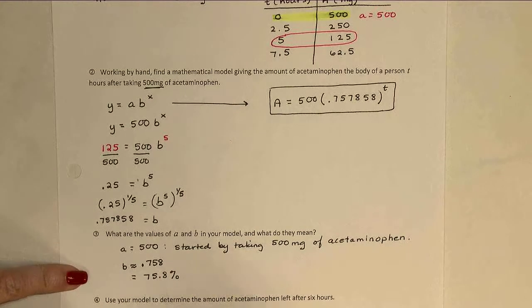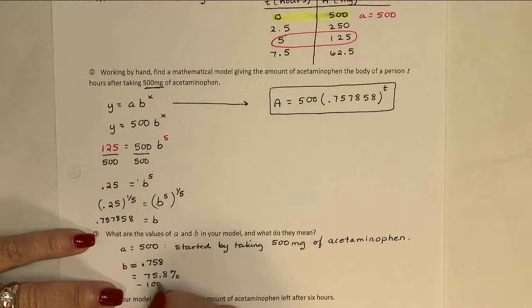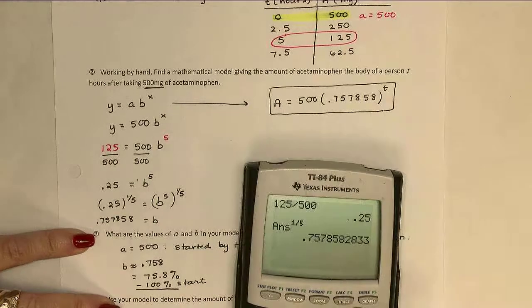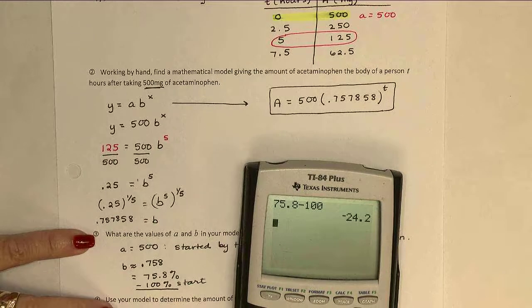If I take away the 100% of starting value, we have negative 24.2.